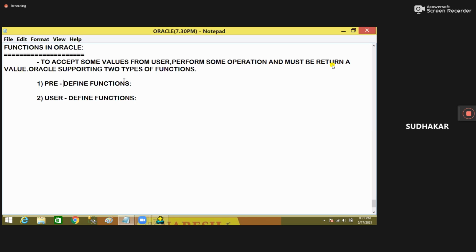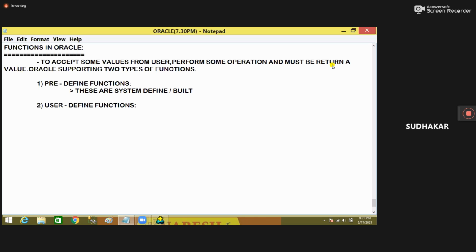Now what is predefined and what is user defined? Let's see, guys. Predefined functions are called system defined, or inbuilt, otherwise built-in functions.